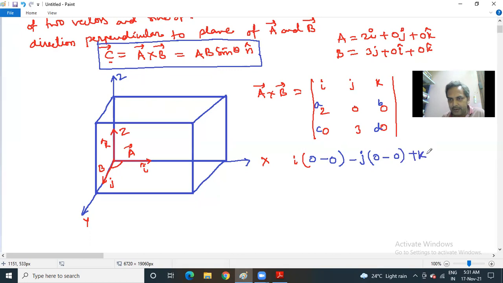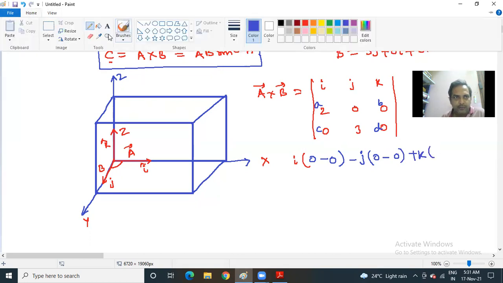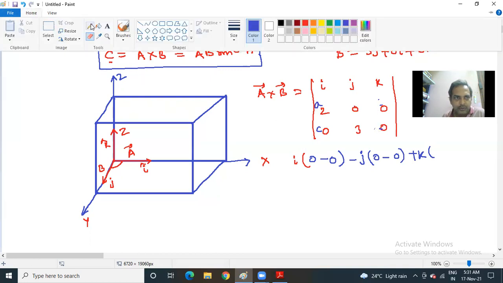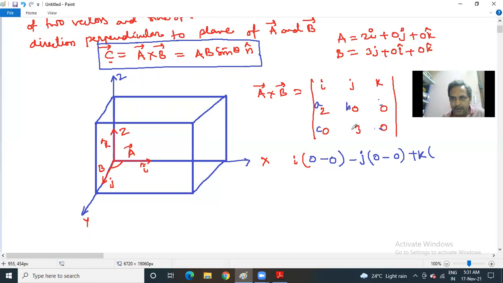Now plus k. So check it once, k value is going to exist. Now when you consider k, you forget about this column and row. So now this is going to be AD, it will be 6, and it will be 0. So you will get A cross B as 6k. So 6k, that too positive.